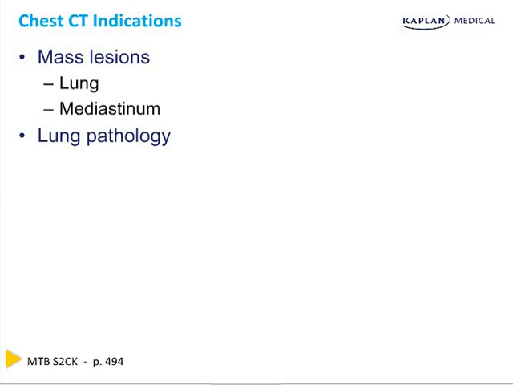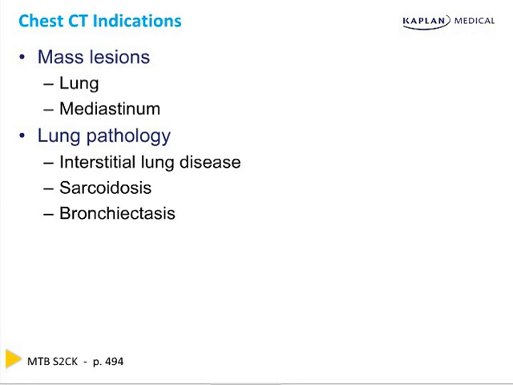So if you have a patient with a dry cough for whom you suspect interstitial lung disease or sarcoidosis, or if a chest X-ray reveals hilar lymph node enlargement, which is often seen in sarcoid, a chest CT should be ordered. Bronchiectasis has the classic CT finding of dilated, inflamed bronchi.